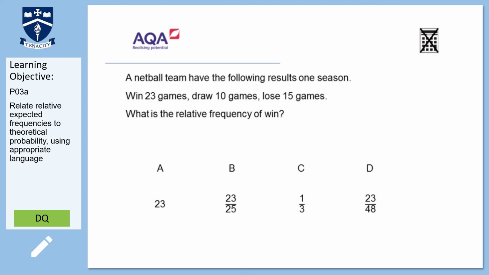In this case, I need to know my total. 23 games drawn, 10 games drawn, 23 games won, and 15 games lost. How many is that altogether? It gives us a total of 48. So I know straight away that this is going to be out of 48. What's the relative frequency of a win? Well, it's 23 games out of that 48. There we go. The answer is D.